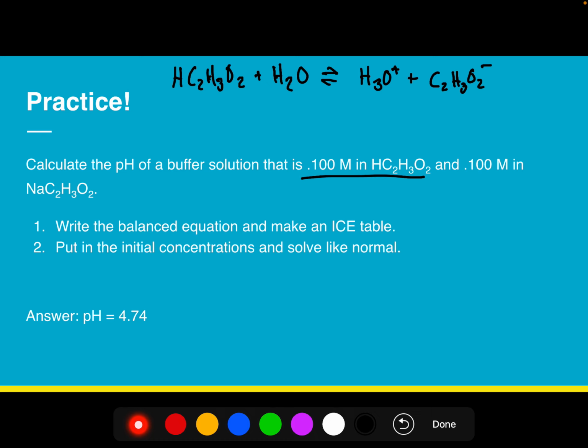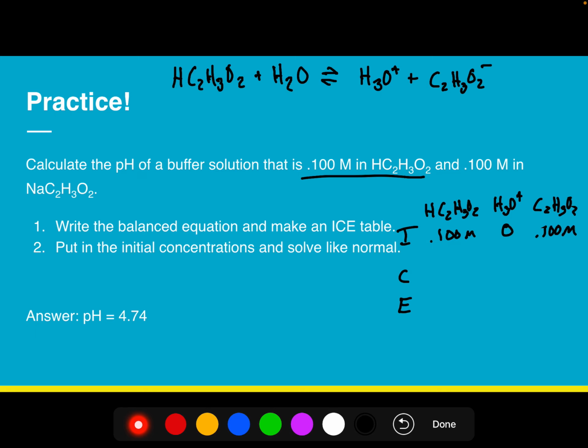Let's do everything that we need to do. Ice table: HC2H3O2, H3O plus, C2H3O2 minus. I kind of don't want to do the lines, I don't have very much space. So I'll put my 0.1 molar up here and 0.1 molar here.